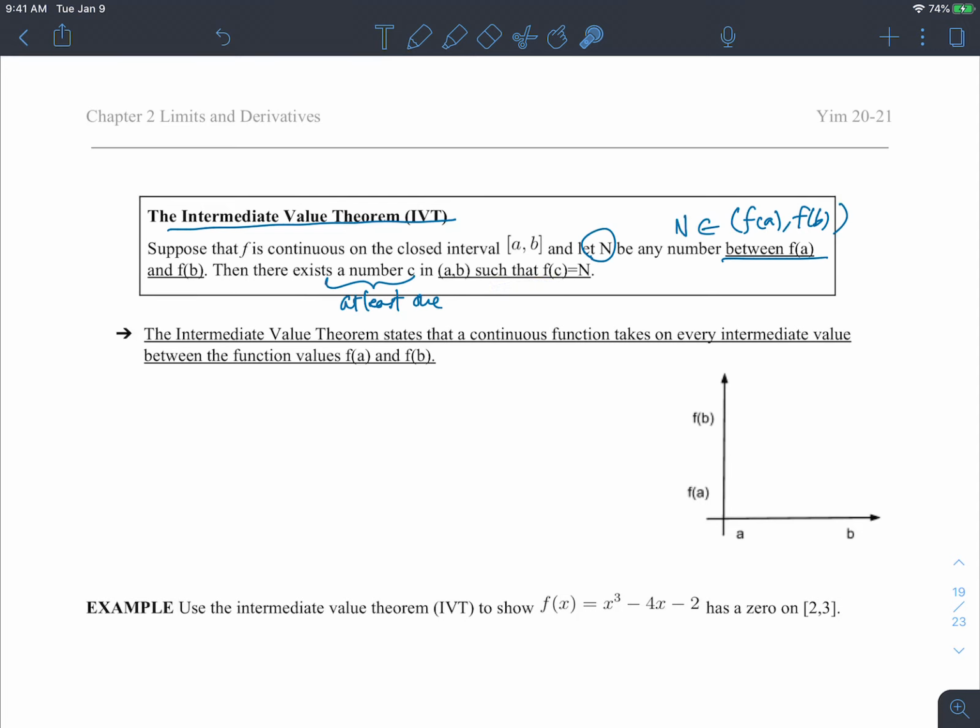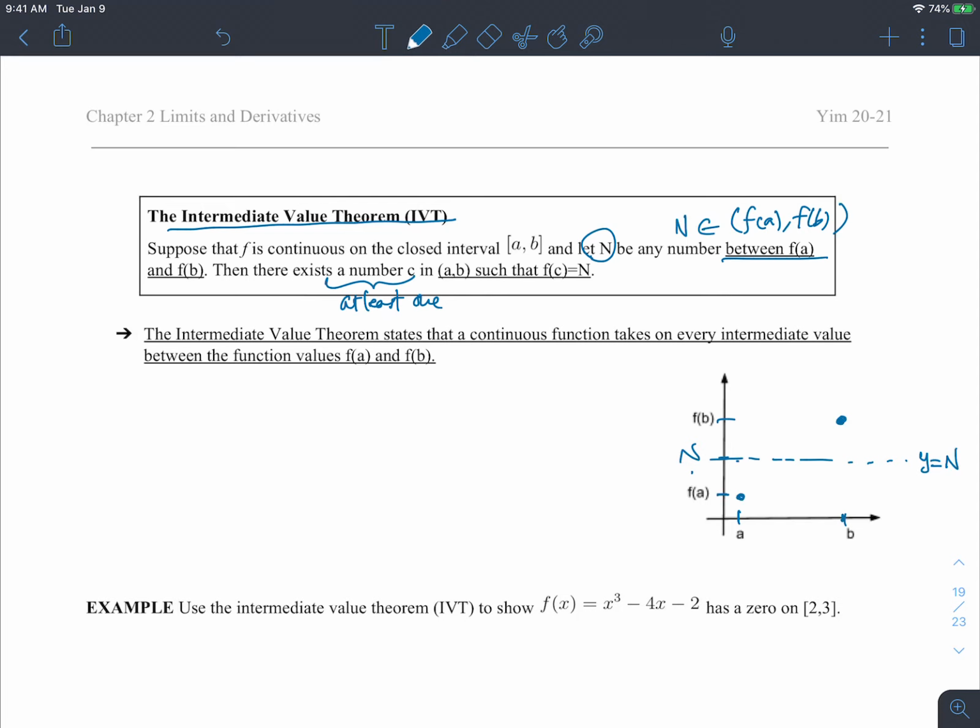So what the heck does that mean? Let's say we start with this value here, and b is here. We first say that n is somewhere here. Let's call that y equals n, and clearly n is between f of a and f of b.